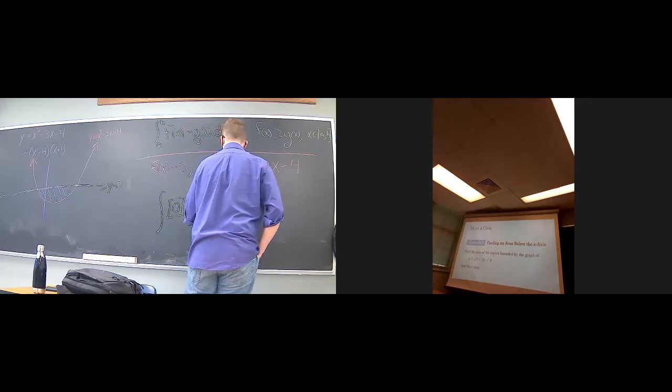So our integral is going to be 0 minus x squared minus 3x minus 4 dx.